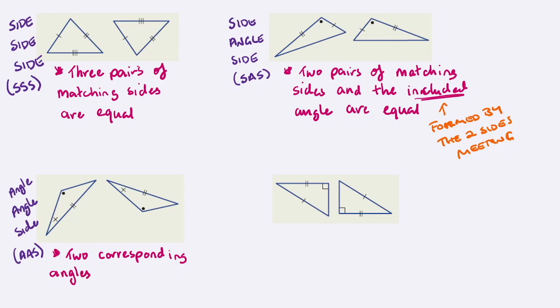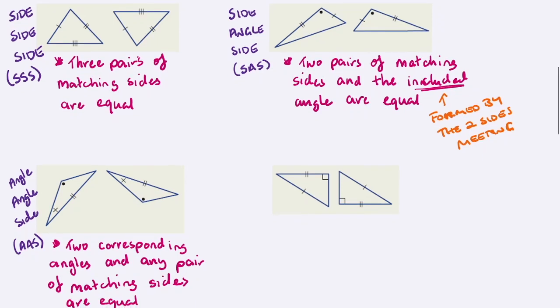So two corresponding angles and any pair of matching sides will need to be equal for this one. Okay, so for angle, angle, side, we want two corresponding angles and any pair of matching sides to be equal.